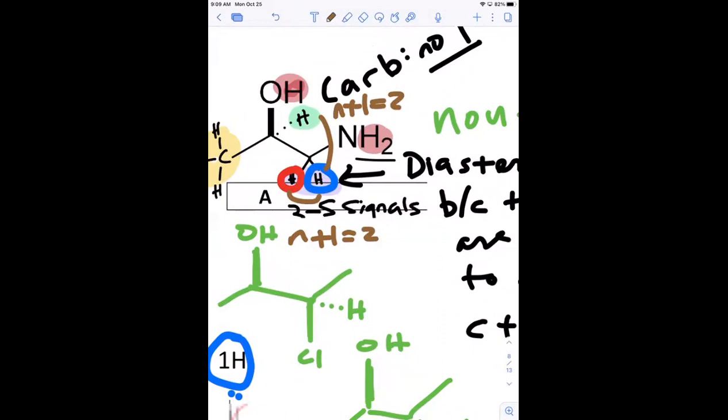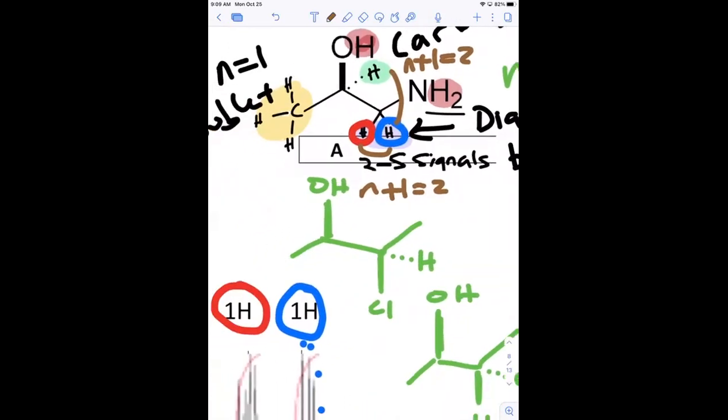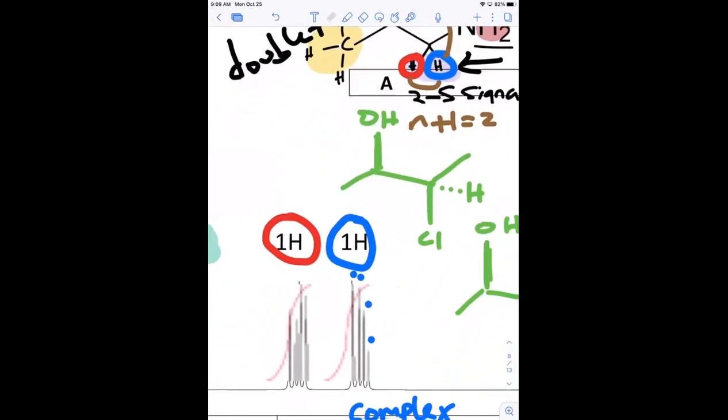What we called on Friday multiple non-equivalent protons, right? You've got multiple protons that are non-equivalent to one another, and they're splitting each other. All right. Questions about that? Because you're going to see the same thing for the red proton. You can see that that's also 4 lines. The resolution is bad, but you can see it down here.